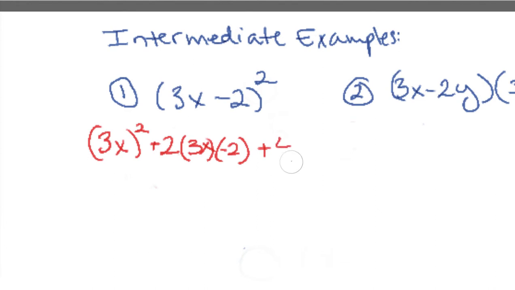Oops, let me go ahead and write 2 squared. So the first term becomes 9x squared minus a 12x plus 4. You're done.